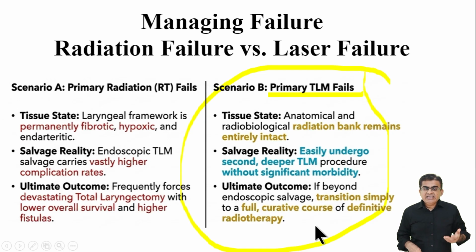The patient can easily undergo a second deeper laser procedure without significant morbidity. But what if the recurrence is too large for another endoscopic salvage? You can simply transition the patient to a full curative course of definitive radiotherapy. By choosing laser surgery first, you safely preserve all of your future salvage options.